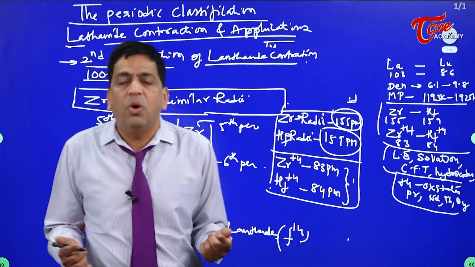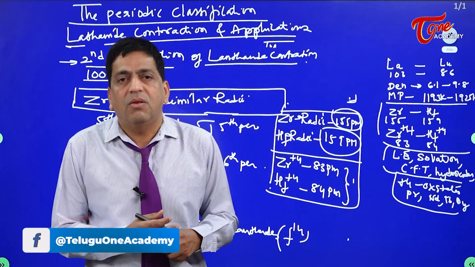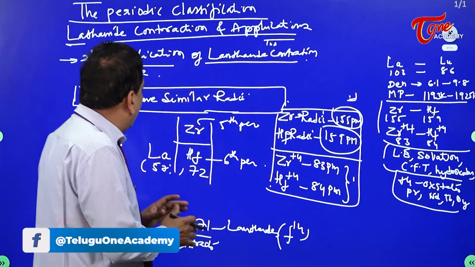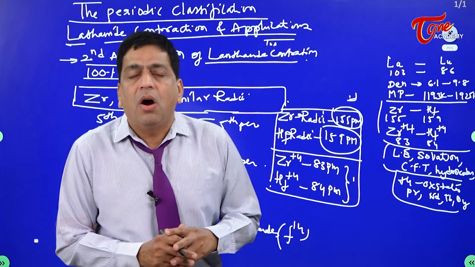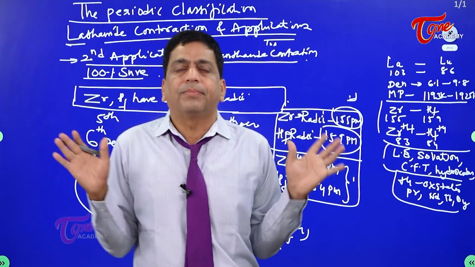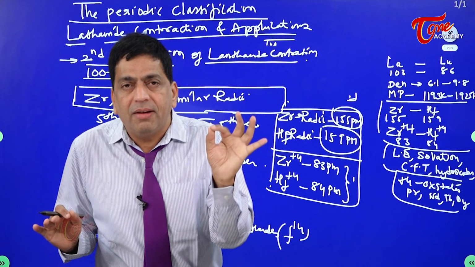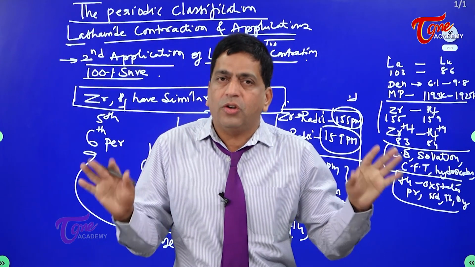The ratio is equal to what? 1. So this is the direct consequence of lanthanoid contraction. So what I'm telling is, understand clearly, with the direct application of lanthanoid contraction, this is where you will be getting questions. Whether it's an advanced level exam or any other exam, you get a question on lanthanoid contraction.